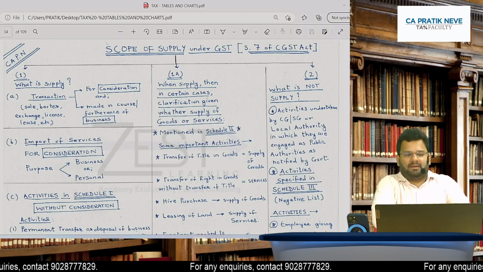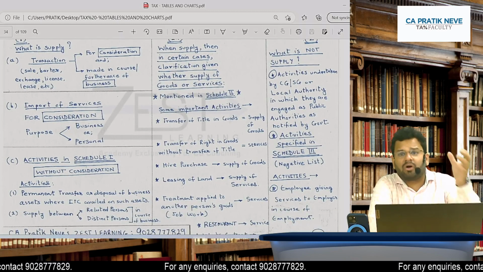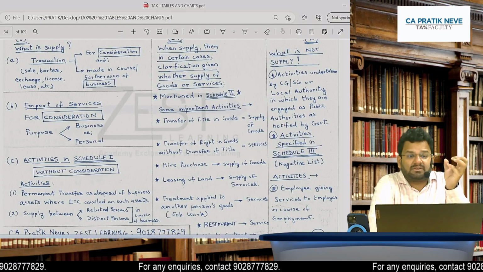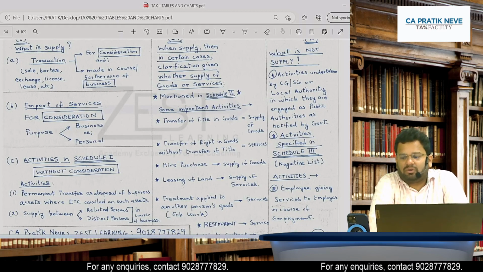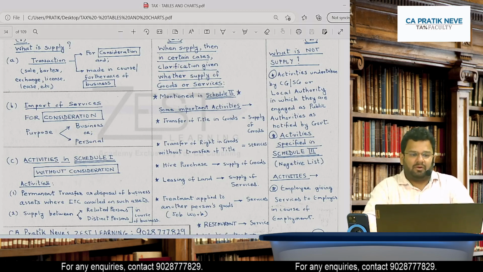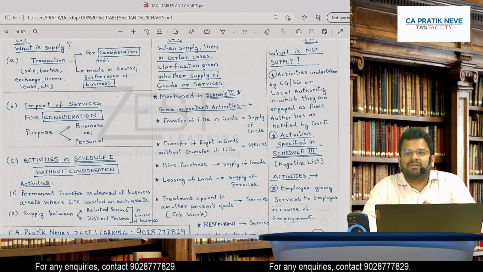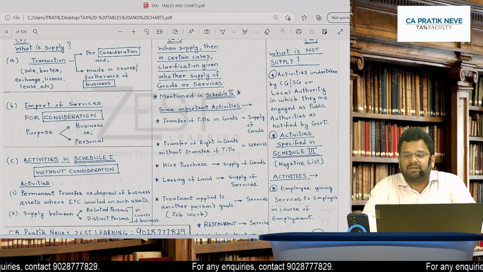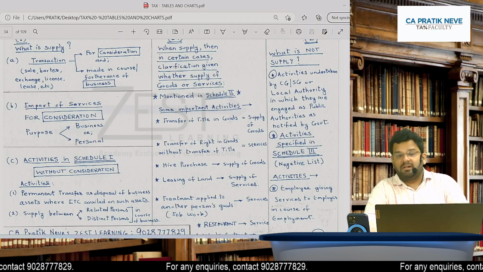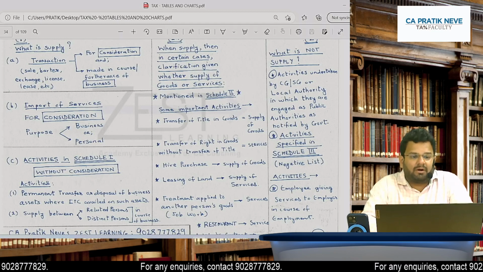What is 1? Subsection 1 talks about what is supply. Clear? There are three clauses in that. Can you see the three clauses? Clause A, clause B and clause C. What is clause A talking about?